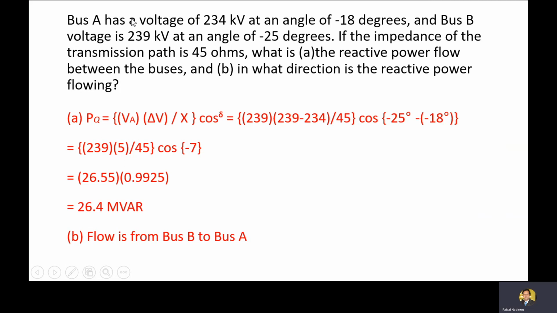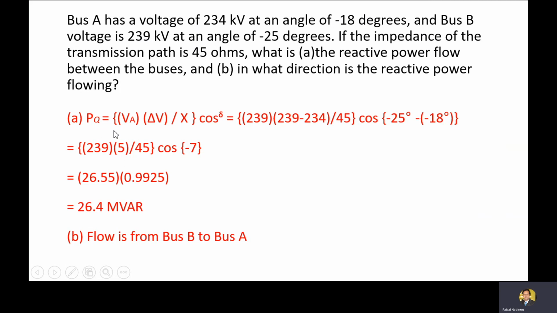The reference bus is bus A, but the voltage magnitude is higher at bus B. Therefore, the reactive power should flow from bus B to bus A. And we are not focusing on the angles, because in case of reactive power flow, the direction of the power flow does not depend upon the angle, it depends on the voltage magnitude.